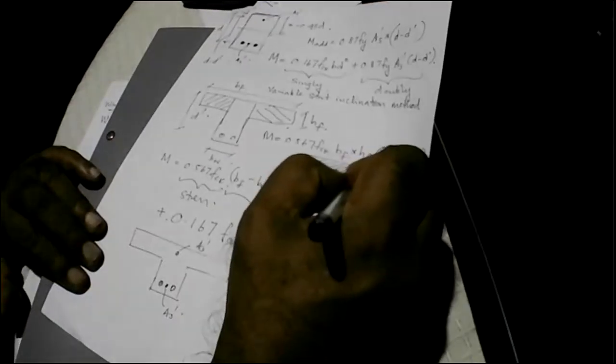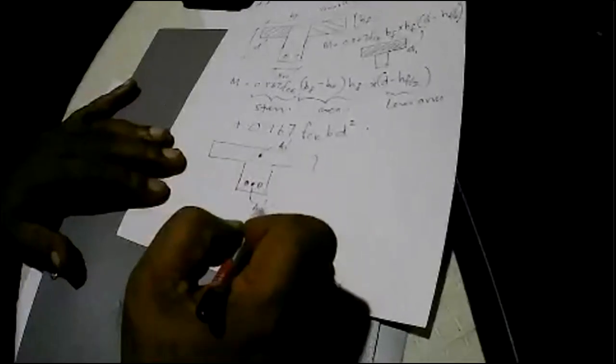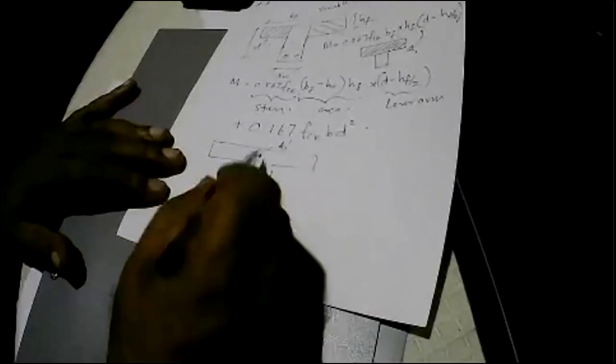That is this case. And if you want to push it little further, you can consider this case. That will give the actual maximum. And if you want to push it even further, you can go for this case where we can consider that we are going to provide some reinforcement to carry compression as well. So these are the three situations that you get in a flange beam.